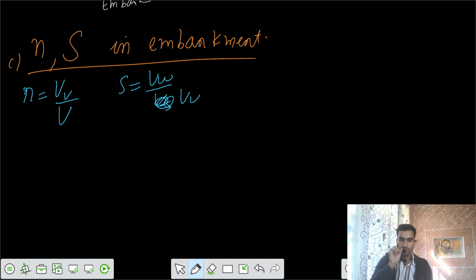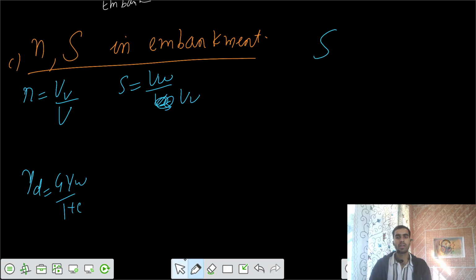But we are not going in this way. We can use the equations that we have in terms of gamma. We have the equation gamma dry equals G gamma W by 1 plus e. And we also have one more standard equation, S e equals w G. From that I might get the value of S. If I calculate for the embankment, e_E, w embankment, and G is fixed, so I can get the saturation for your embankment.